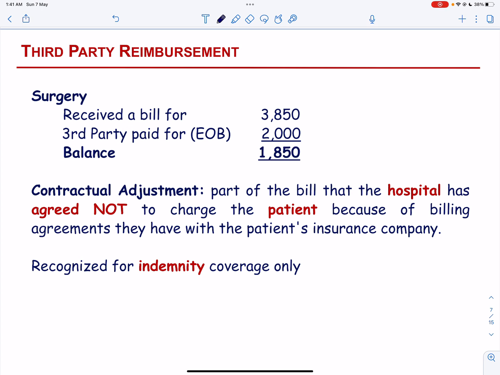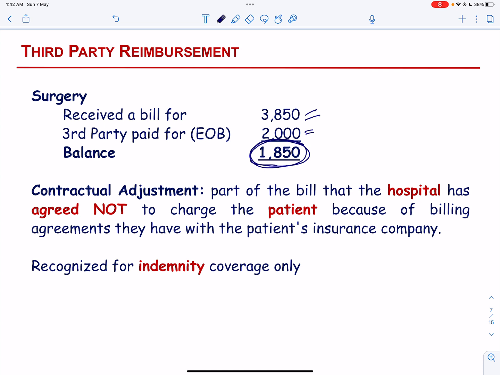Now suppose a patient has insurance cover and the doctor did a surgery. The patient received a bill for 3,850. The third party paid, per the EOB, explanation of benefits, say 2,000, and now the patient has to pay the balance amount of 1,850.